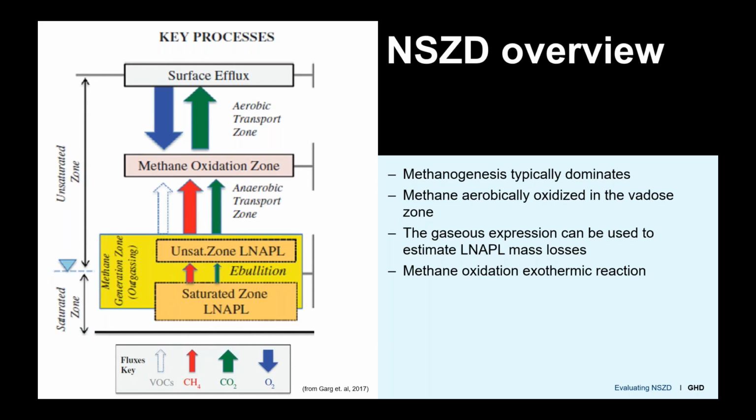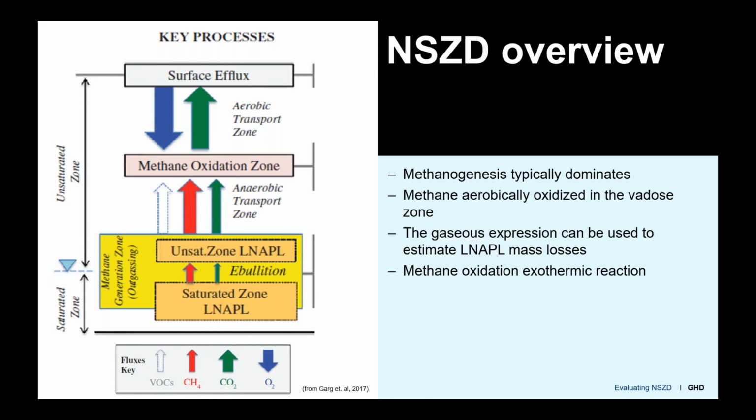So the LNAPL components don't have to be very soluble or volatile to biodegrade, since the microbes will find them as long as they're there. And at most sites, it's been found that these vapor-based LNAPL losses are 2 orders of magnitude greater than the dissolved phase or aqueous LNAPL losses that we've been measuring for a long time.